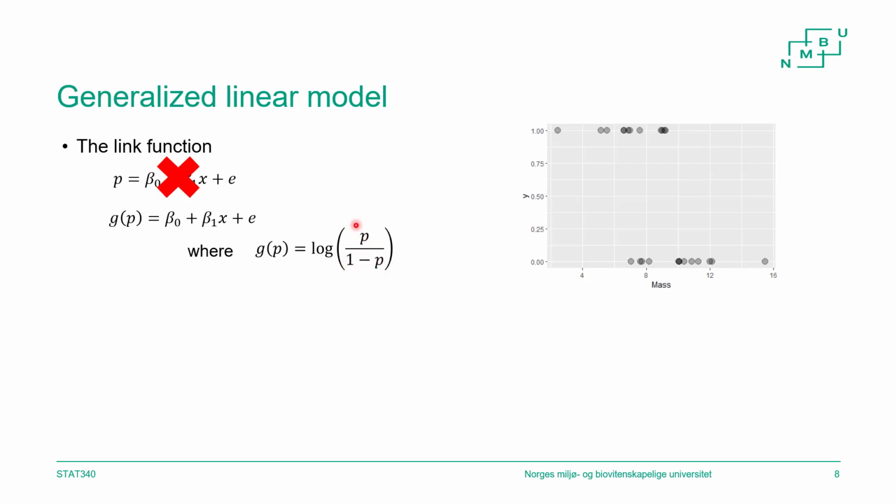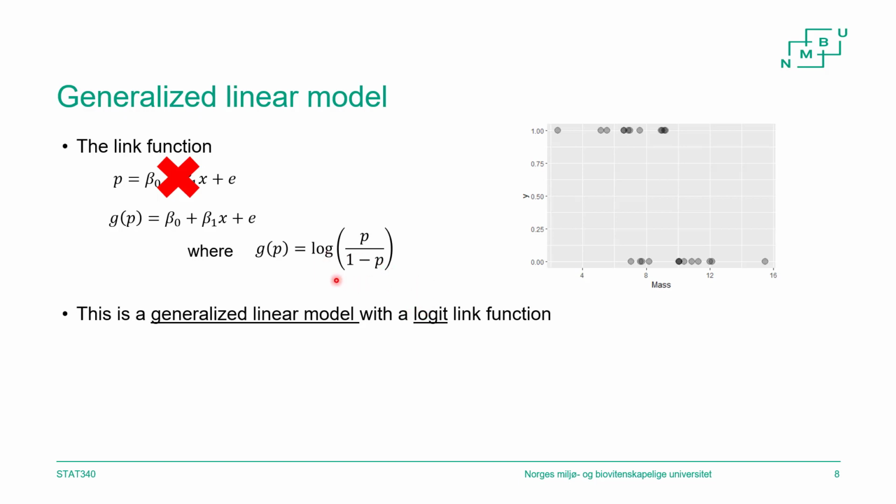So you have the probabilities of the two classes, one divided by the other, and the logarithm of that. That's the link function we will use here, and this is called the logit link function. It's commonly used when you count the number of occurrences to be either 0 or 1. Bernoulli data.